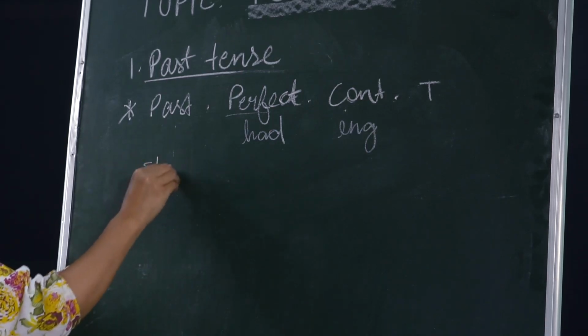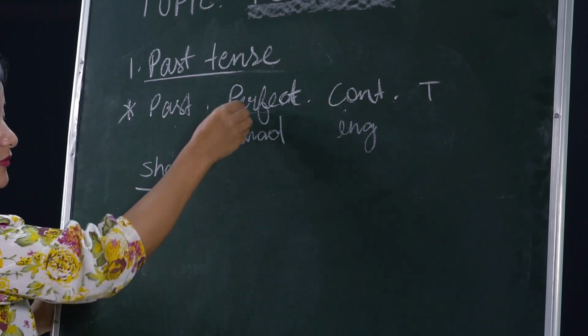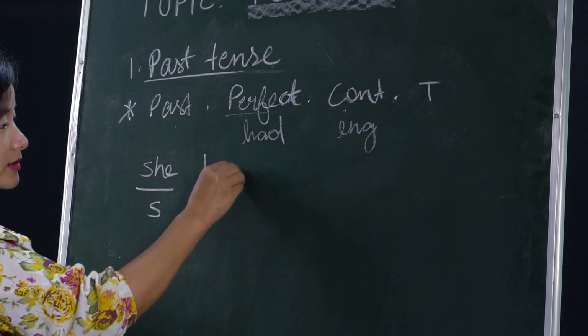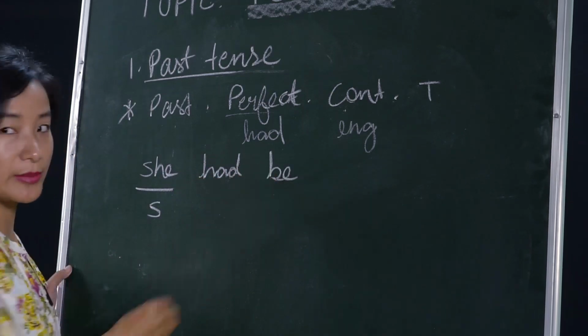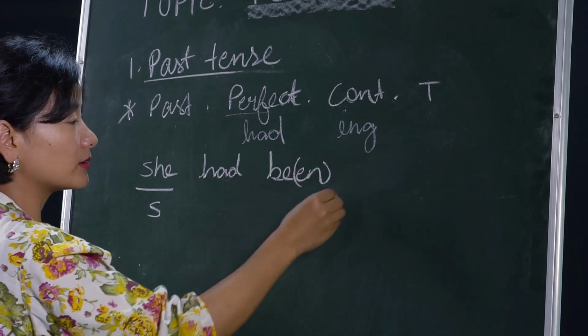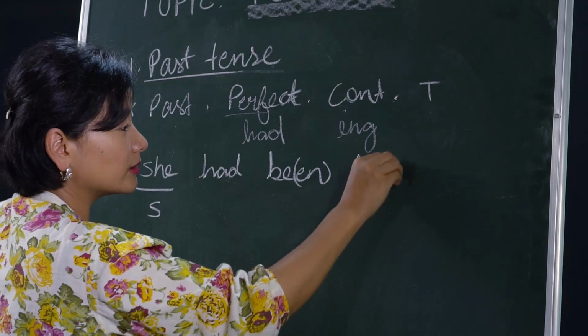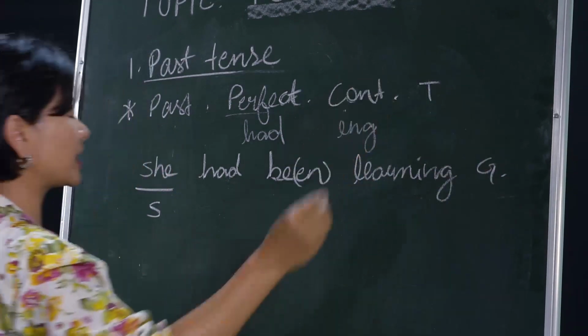So she, let's take the example of she. So that's our subject. Perfect, she had. Then in this case, we need the be verb in the past participle. Remember en. So she had been learning grammar, or whatever the case may be.